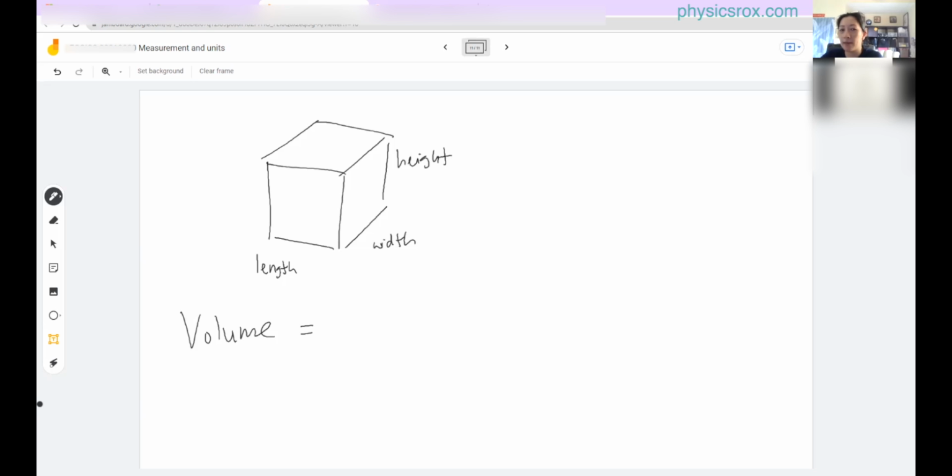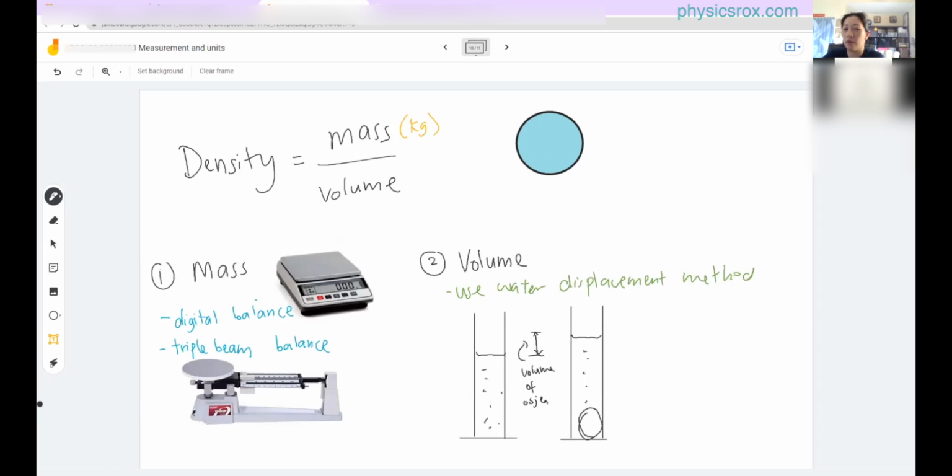Cm cube or meter cube. You're giving me the unit for the volume, right?